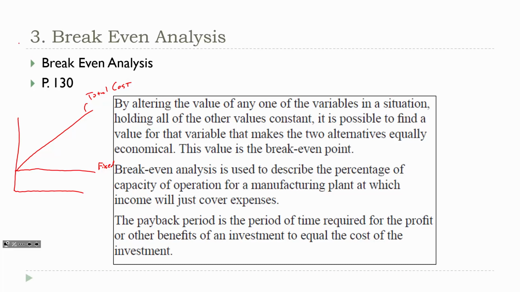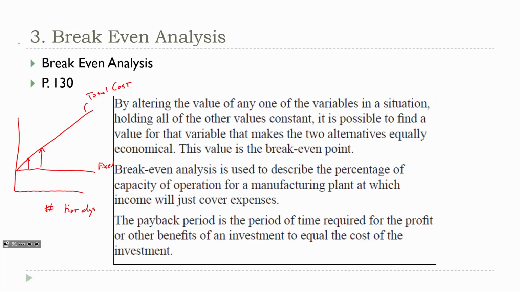Your fixed cost would be purchasing your stand and your fryer or grill, and then the difference here would be the variable cost. That would be dependent on the number of hot dogs that you're selling, so it's your buns and sauce and things like that. The total cost to operate your business is going to be this line.